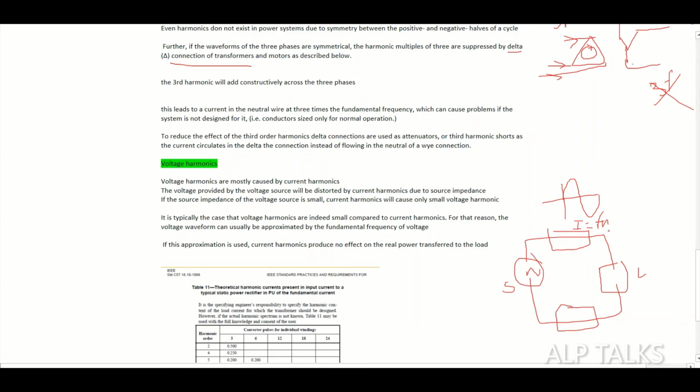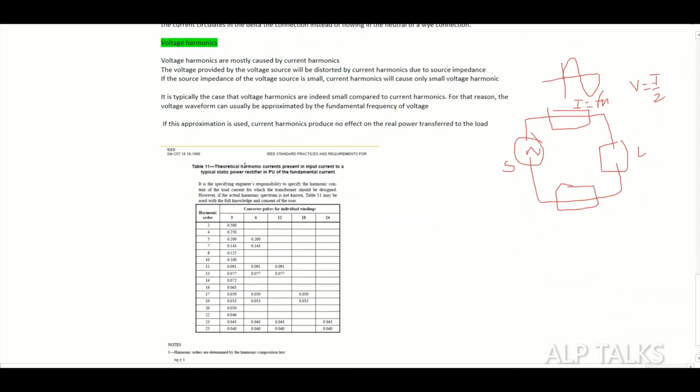So due to this current, the voltage may be a little bit impacted by harmonics. So these harmonics mainly impact magnetic devices, capacitors and voltage sensitive devices.